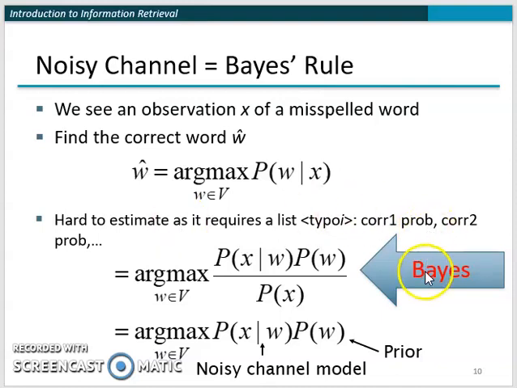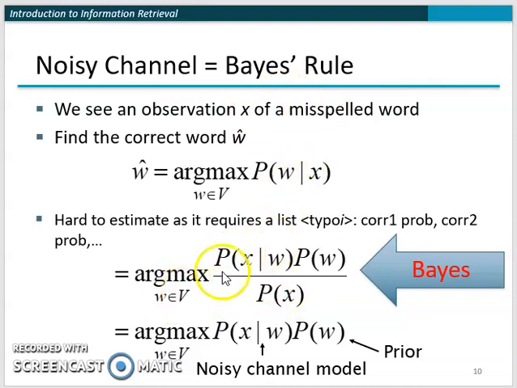So Bayes comes to the rescue again. We can convert this probability to P of X given W, which is the likelihood, times P of W, which is the prior, divided by P of X, the total probability. You can observe here that this is the probability of X, and X is the misspelled word.